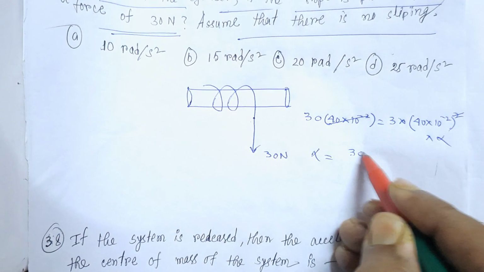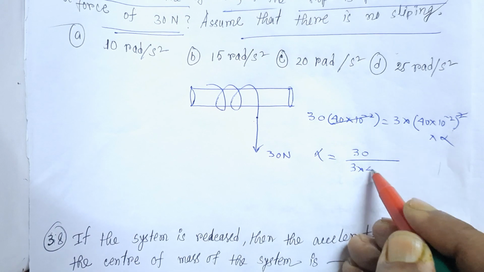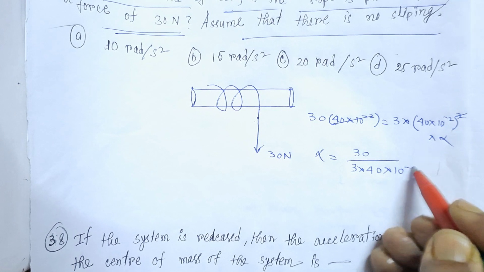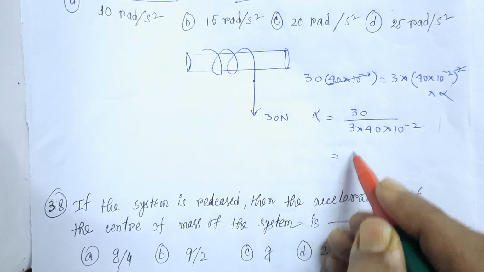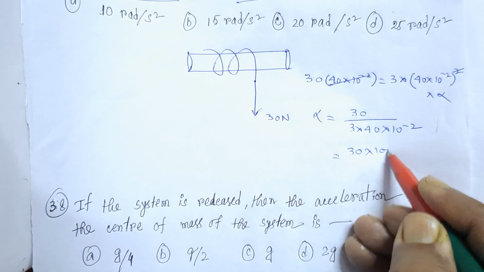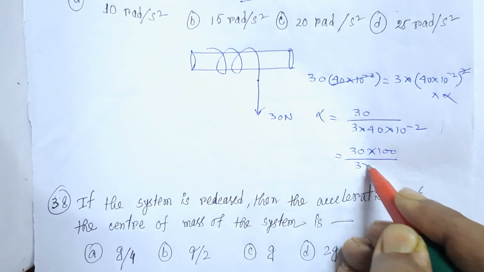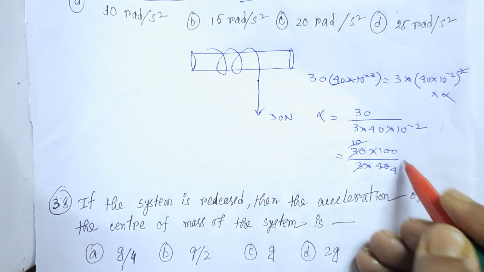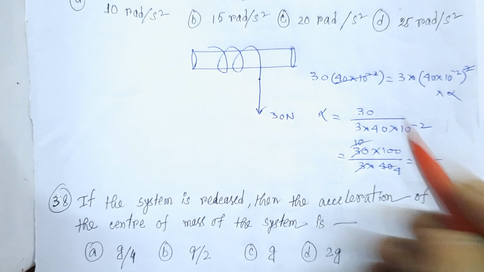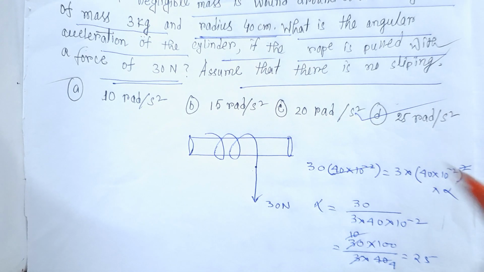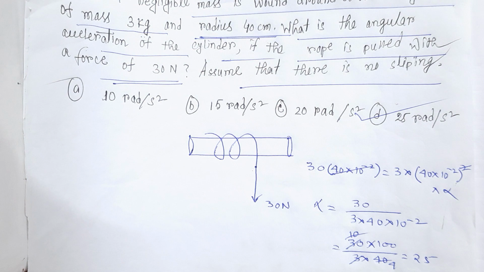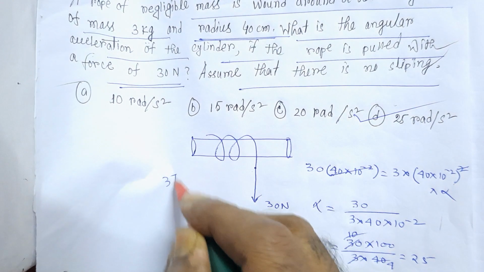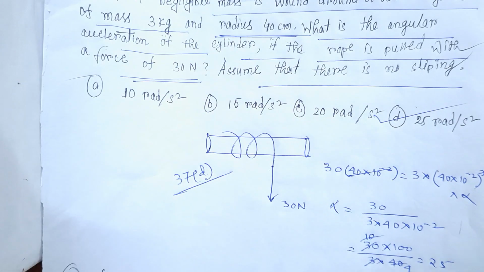Alpha equals 30 by 3 into 40 into 10 to the power minus 2. That is actually 30 into 100 by 3 into 40. 100 by 4 equals 25. So the answer is 25 radian per second square. So the correct answer of question number 37 is D.